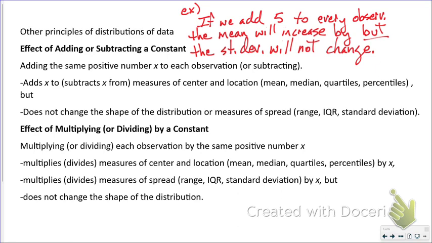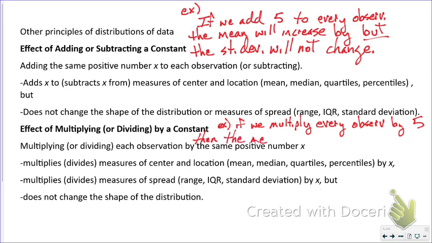So another example, if we multiply every observation by 5, then the mean is also multiplied by 5, and so is the standard deviation.